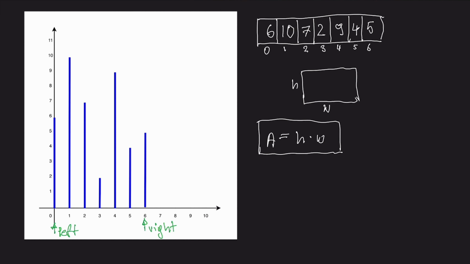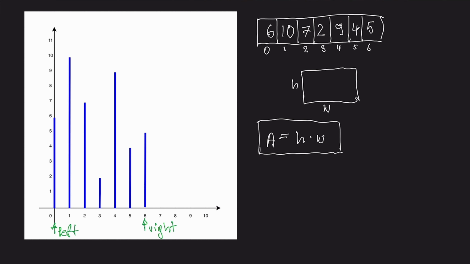And now we will compute the area of this rectangle, and the area will be right minus left times the minimum value of the two bars. In this case, the value of the right is 5, the value for the left is 6. So the minimum will be 5, so we will compute 5 times 6 minus 0, which is 6, which is going to be 30.